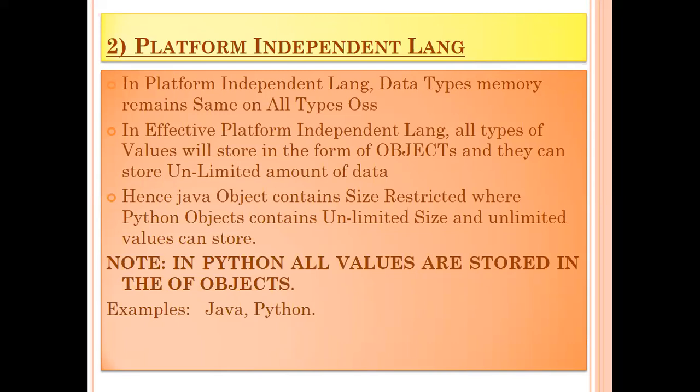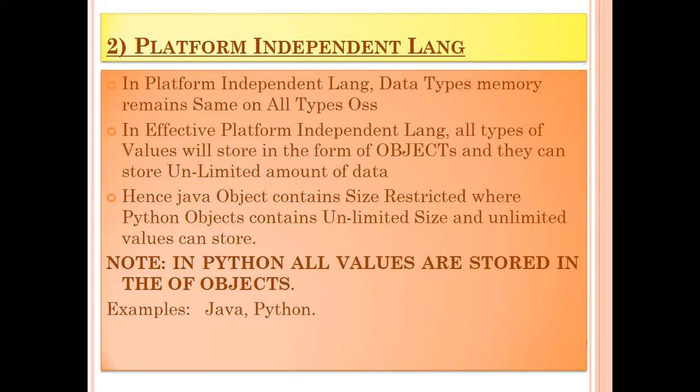So all types of values in Python will be stored in the form of objects, and they can store an unlimited amount of data. Why so? Because it has the feature of a garbage collector.